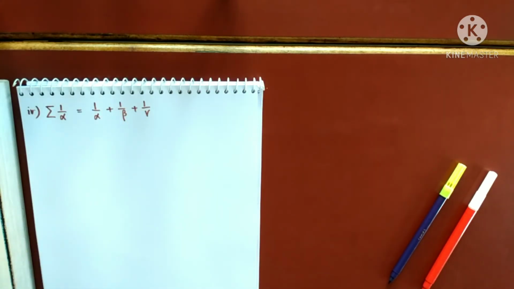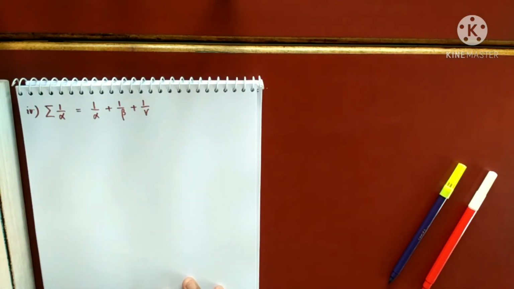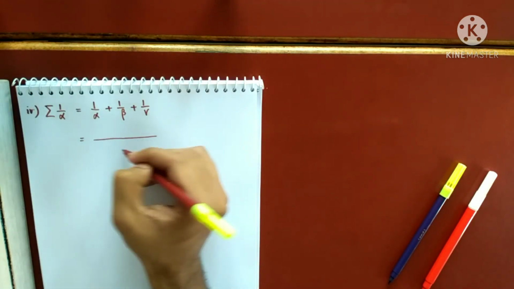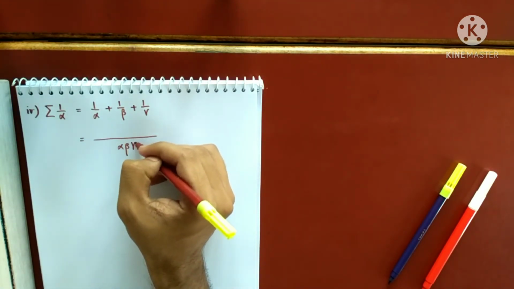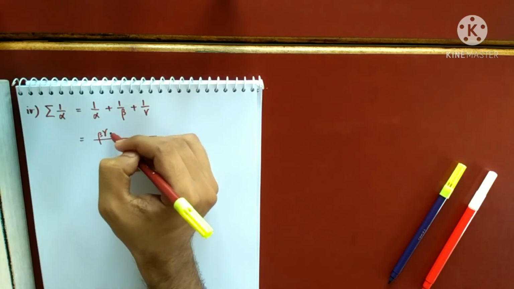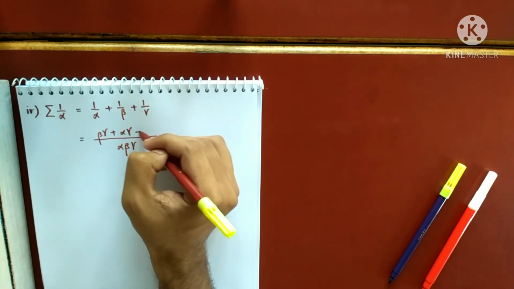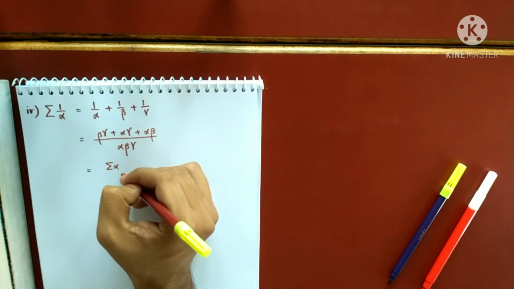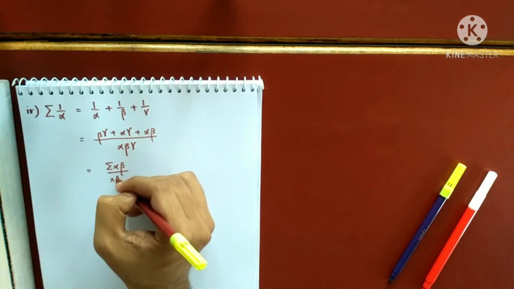Now here, what is the first step? To take LCM, as simple as that. And this is very simple. Alpha, beta, gamma. I will remain here with beta, gamma. I will remain here with alpha, gamma. I will remain here with alpha, beta. And this is nothing but summation alpha beta by alpha beta gamma.